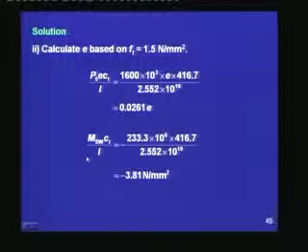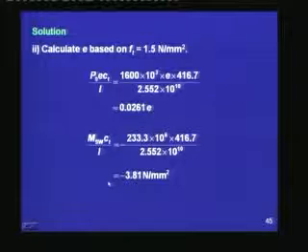The value due to the self weight is equal to MSW times CT divided by I, equal to minus 233.3 times 10 to the power 6 times 416.7 divided by the value of I, which gives me a compressive stress of minus 3.81 Newton per millimeter square.